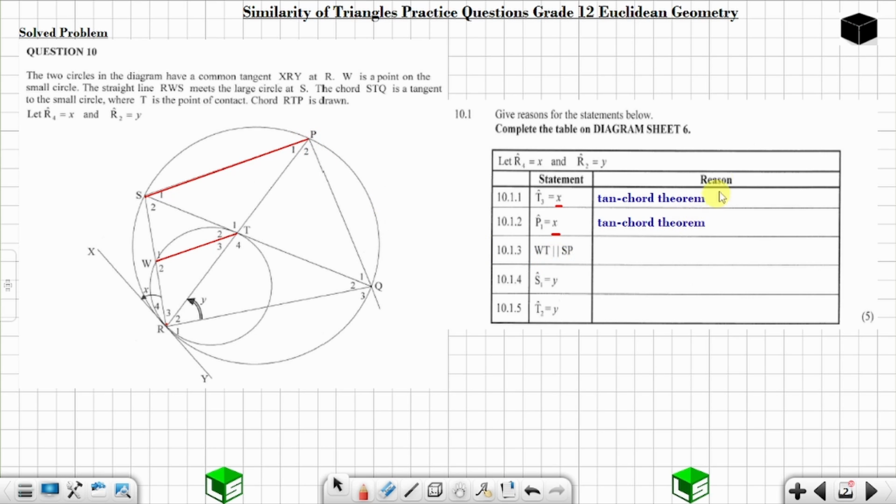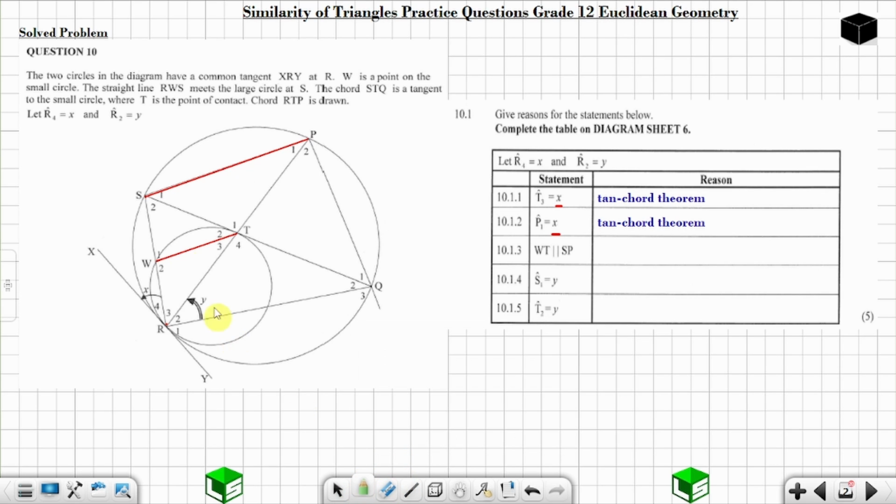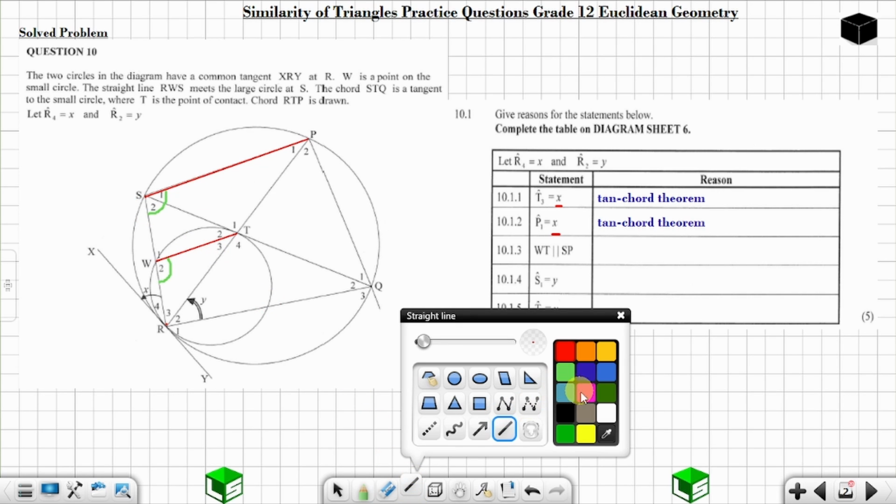Why? Give the reason. If this angle is equal to this angle, then the two lines are parallel because you are going to have the F shape. Let me show you.